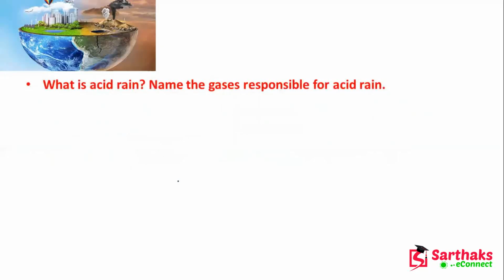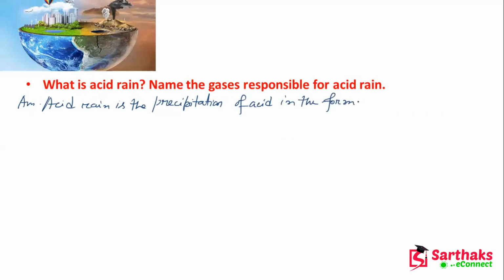Next question. What is acid rain? Name the gases responsible for acid rain. Acid rain is the precipitation of acid in the form of rain.